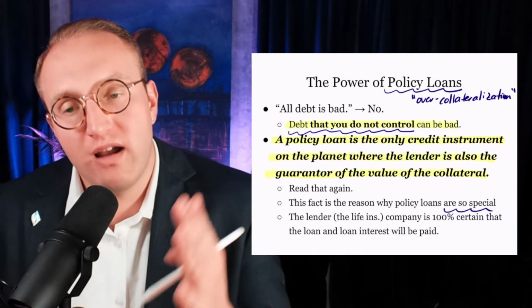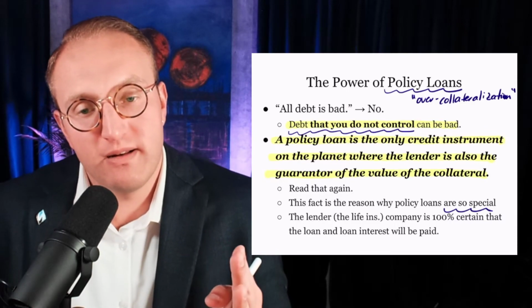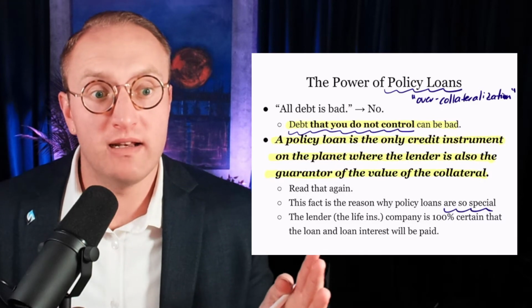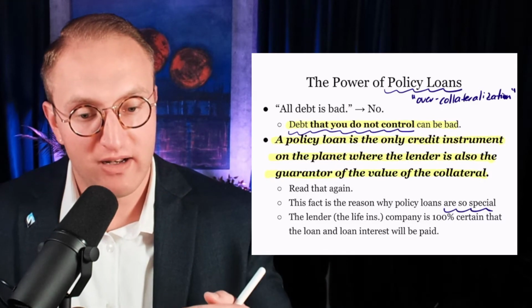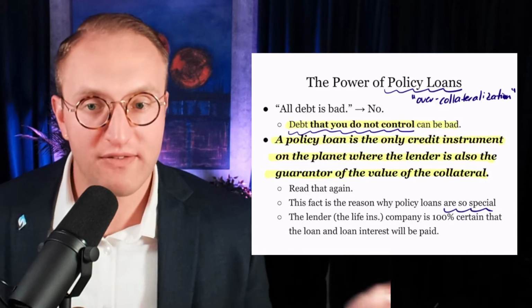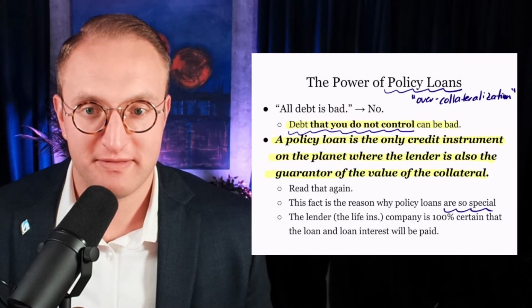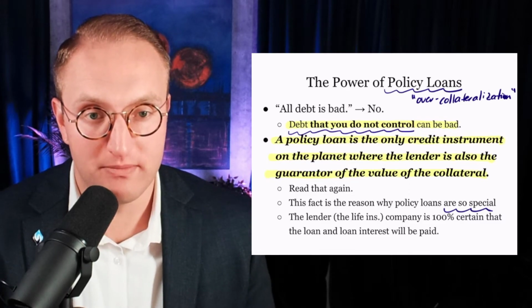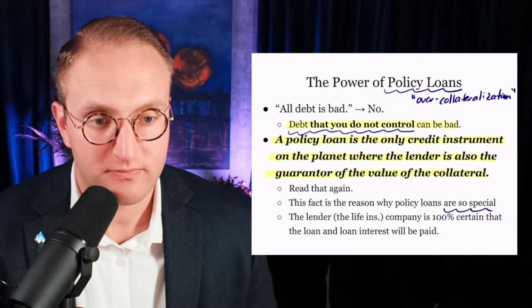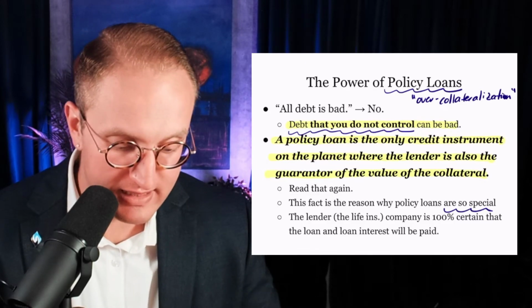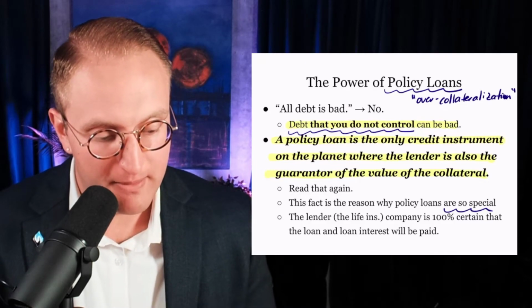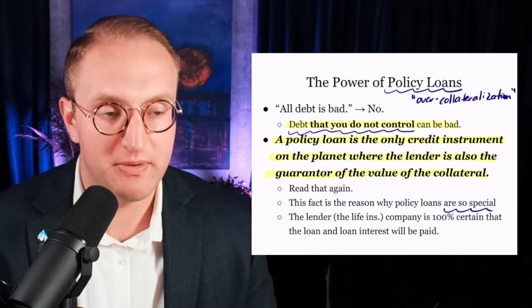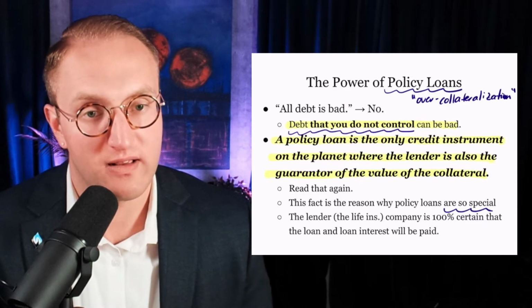And just because you've had a non-recourse loan in the past, used it, paid back the credit, doesn't mean that it's always the case that non-recourse loans never have consequences. Right? Like James says, there's never a problem until there's a problem. So, no. It is the case that a policy loan is the only credit instrument on the planet where the lender is the guarantor of the value of the collateral.